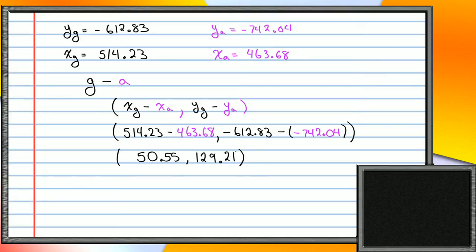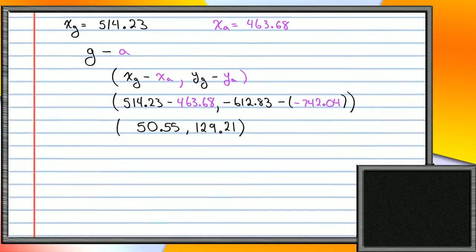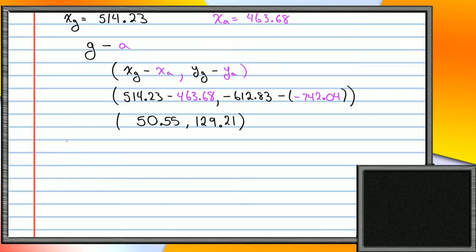Okay. Now these are both positive, which makes sense with our graph. Because remember, this bottom arrow was our true path.